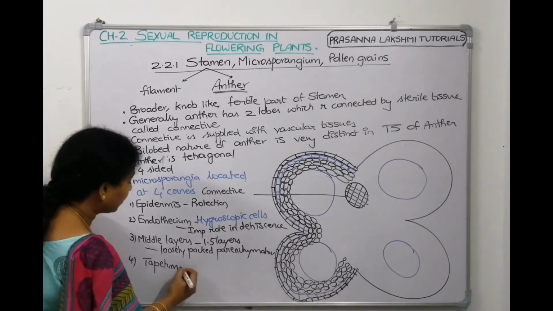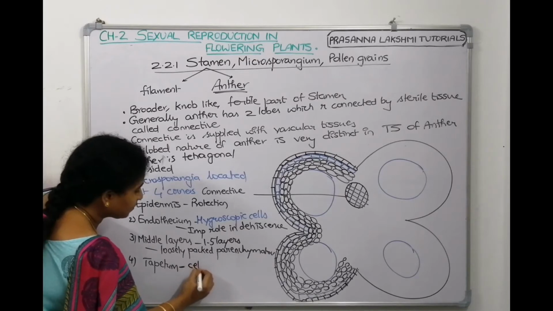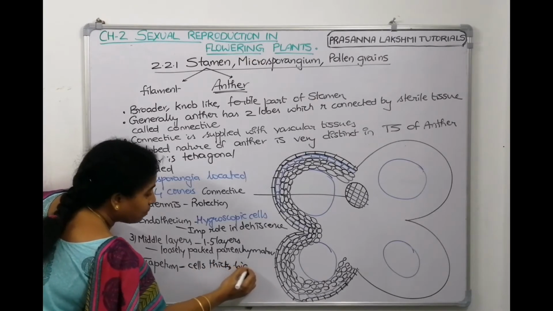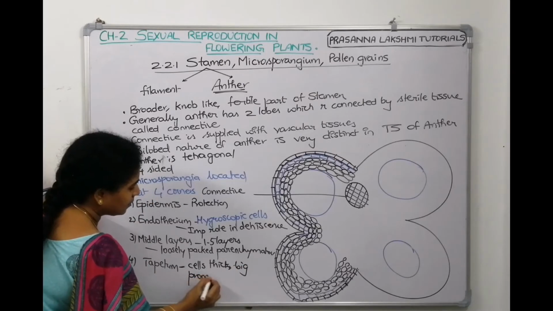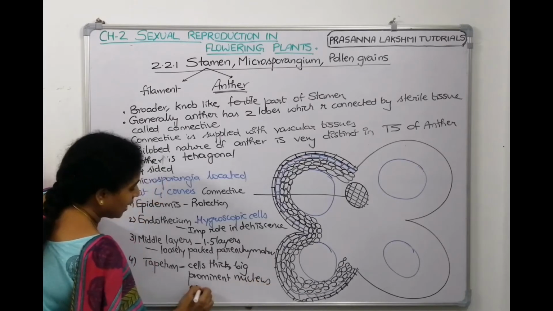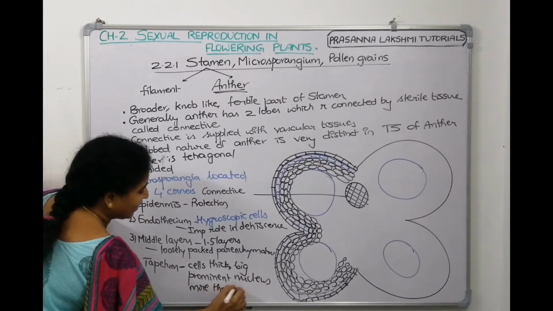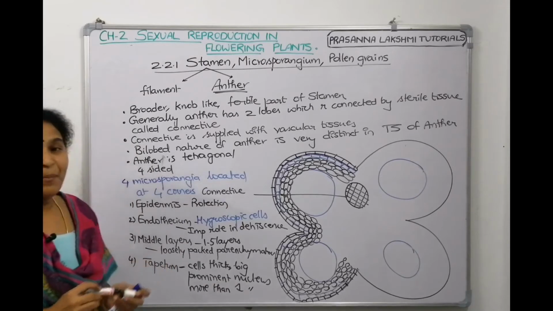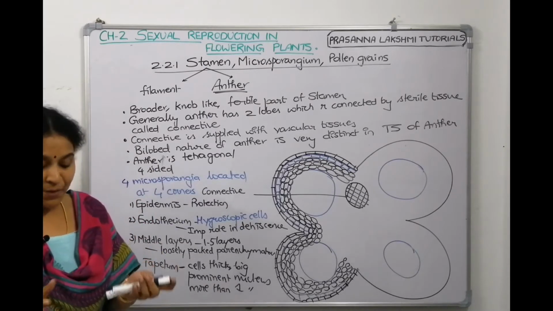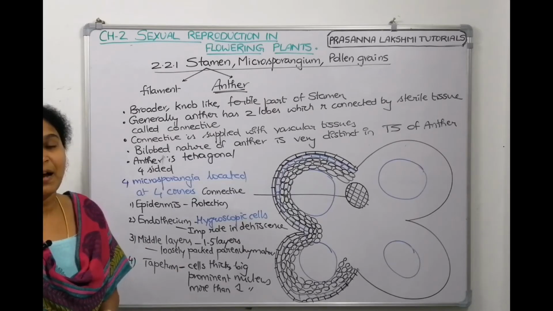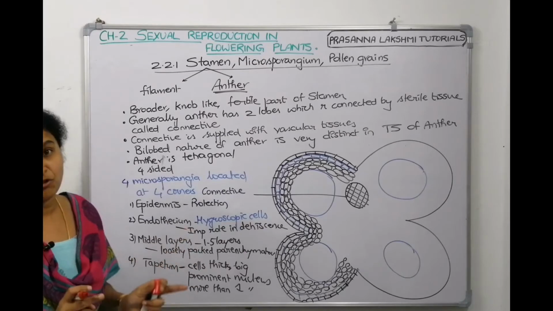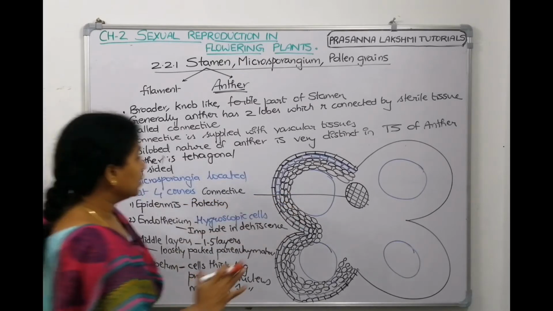Now, this tapetum consists of cells which are thick, which are big, which have a prominent nucleus, which have more than one nucleus. The tapetal cells, we are telling, they are big. They have a prominent nucleus. They have abundant cytoplasm. They might have more than one nucleus, and they act as nutritive tissue for the inside sporogenous tissue.